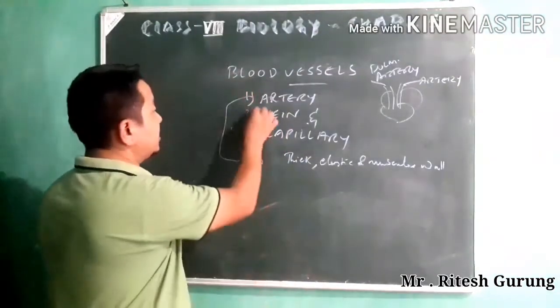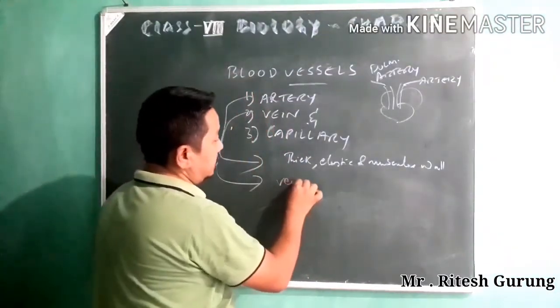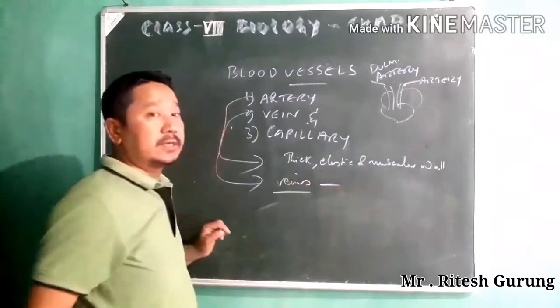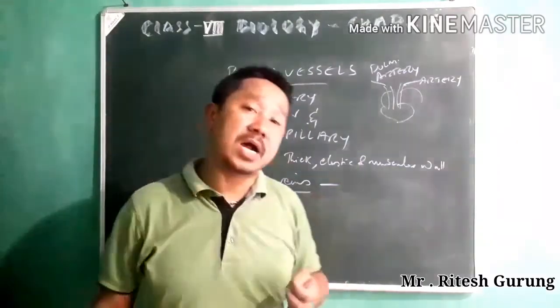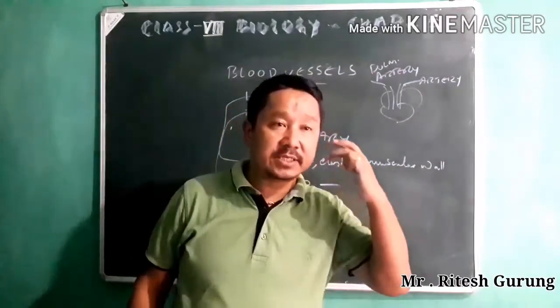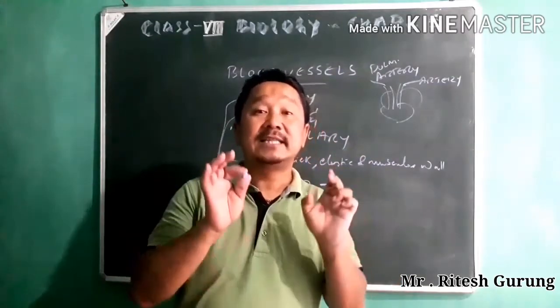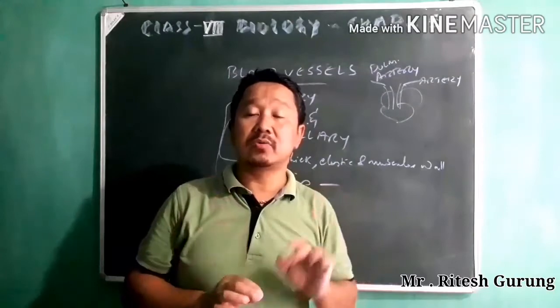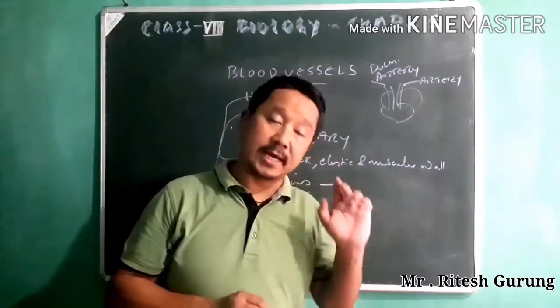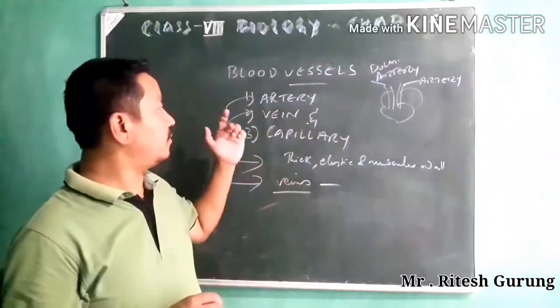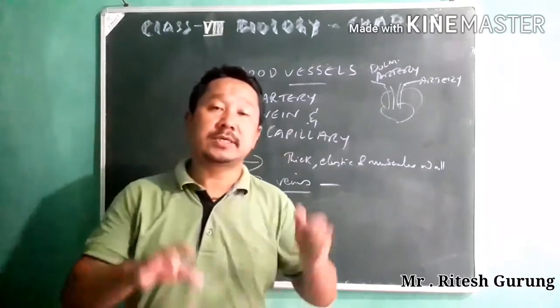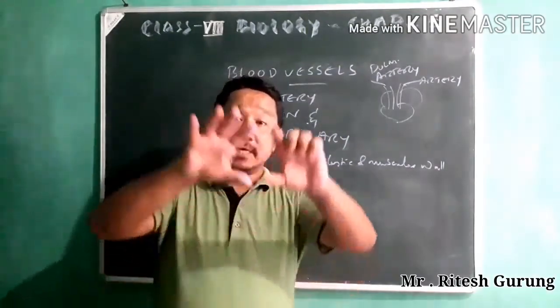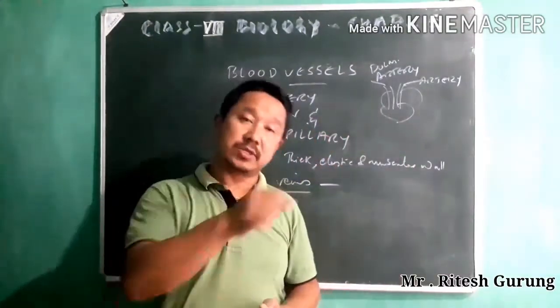Second, we have veins. So let's talk about veins. Just contrary to arteries, veins have thin muscular walls with valves. The function of a vein is to carry the blood from different parts of the body to the heart.